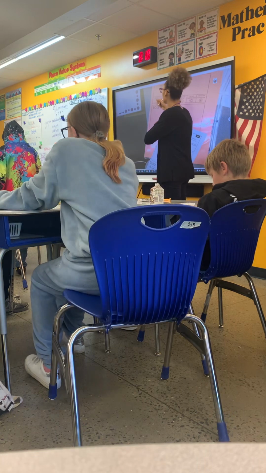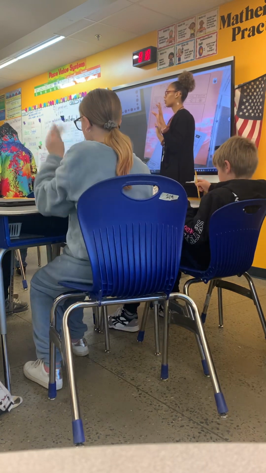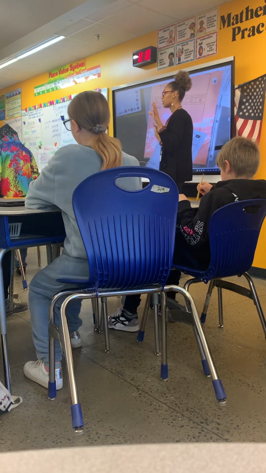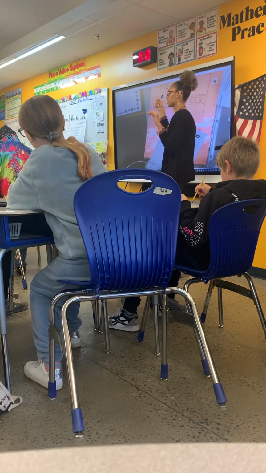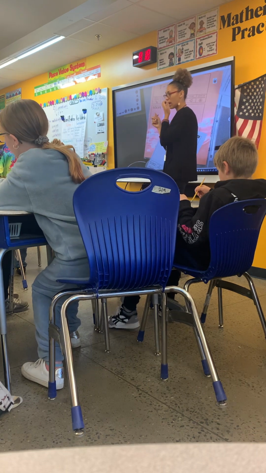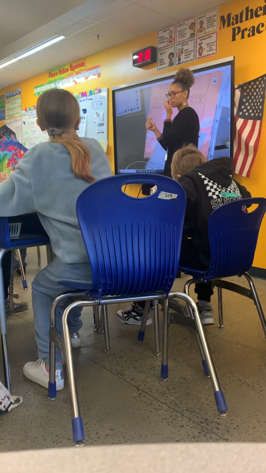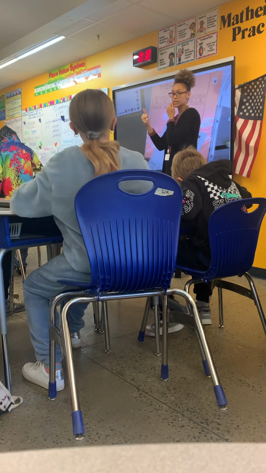And we knew that based only on the words. You don't even need numbers to know what operation you're using. Does that make sense? Can I get a thumbs up?